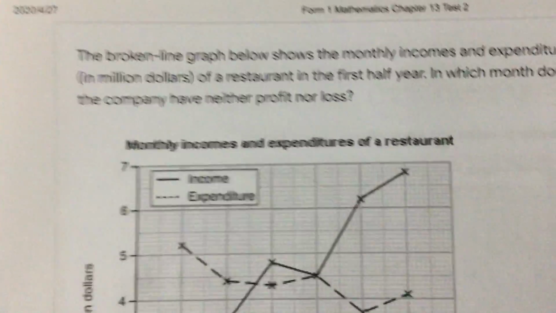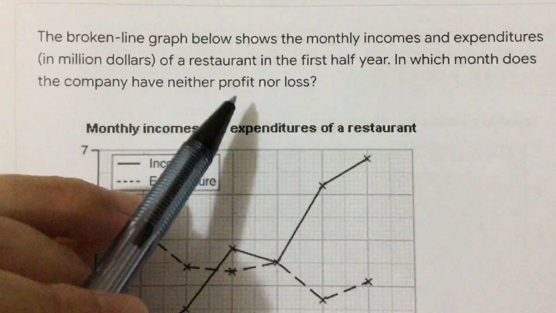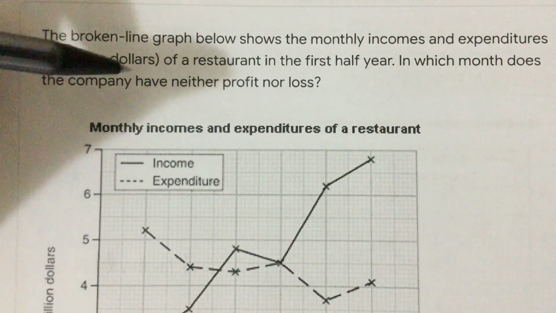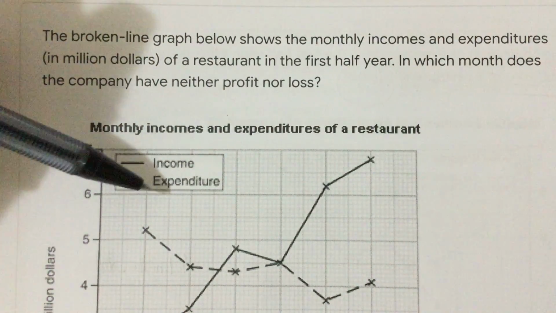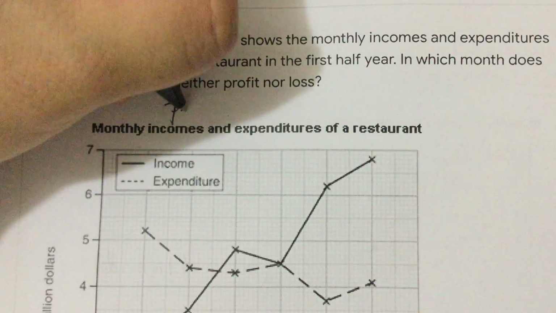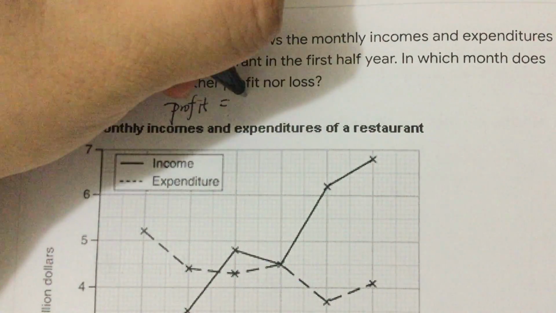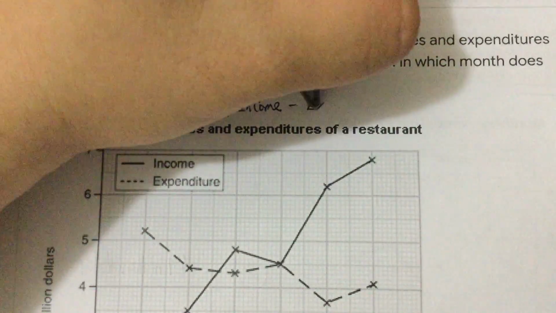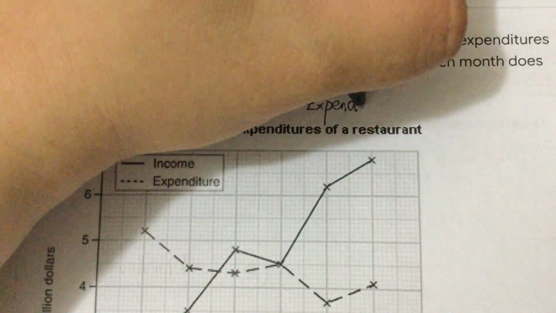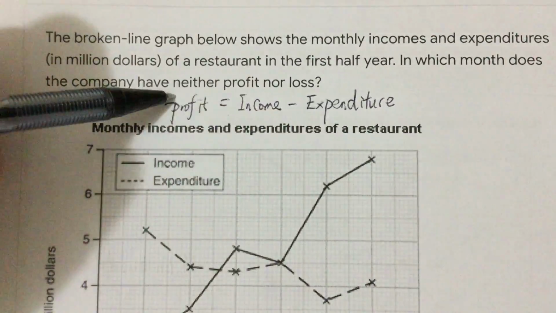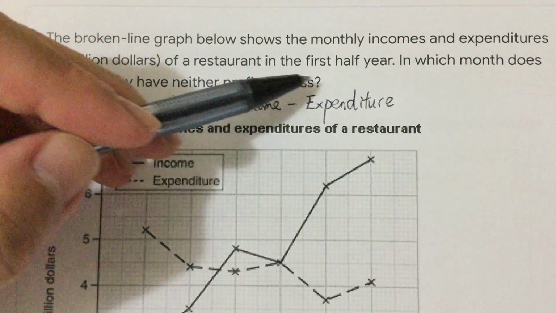part of it. This time you are going to find neither profit nor loss. How can you find a profit or loss? That means that because you earn something more than you pay, that will be the profit. So we will say profit will equal the income minus the expenditure. Okay, I hope you all know the meaning of it. So neither profit nor loss.